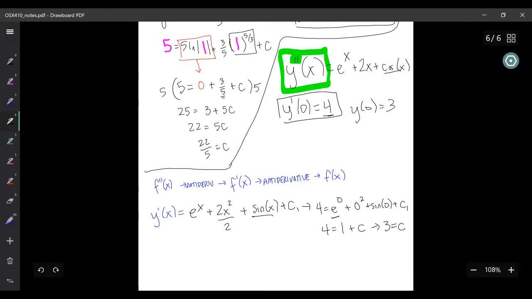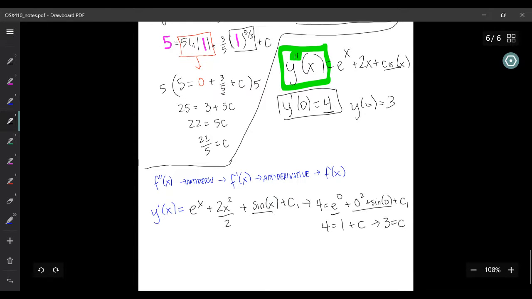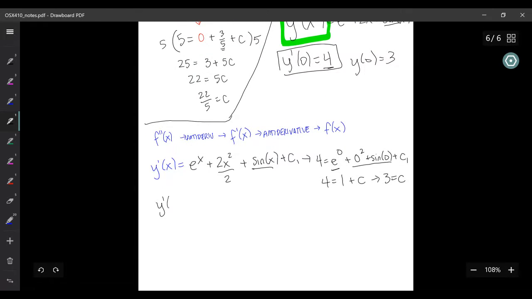This is 1, and there are zeros, so that means the first derivative is now something I know. This is the first derivative with this value plugged in.